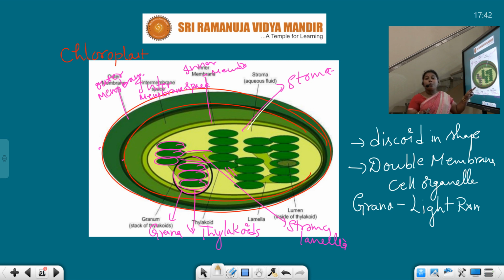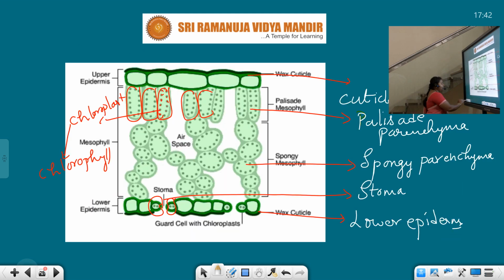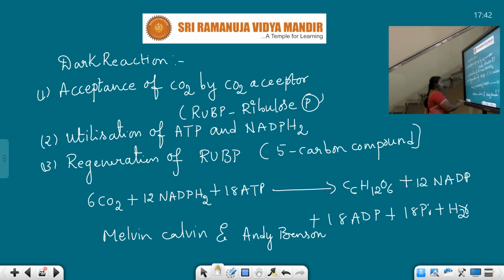And chlorophyll pigment is present in the grana only. That's the reason the light reaction takes place in the grana, and in the stroma the dark reaction takes place. Entire photosynthesis has two major phases, light reaction and dark reaction.